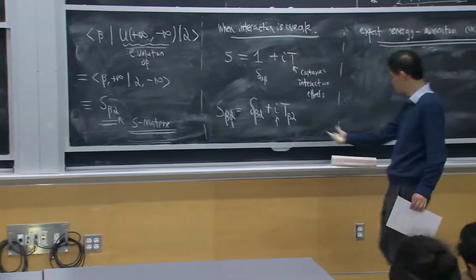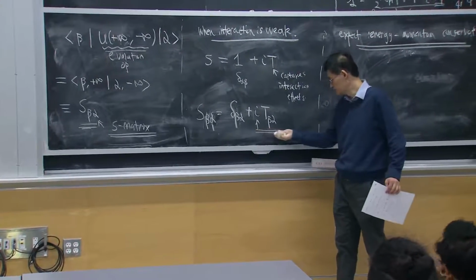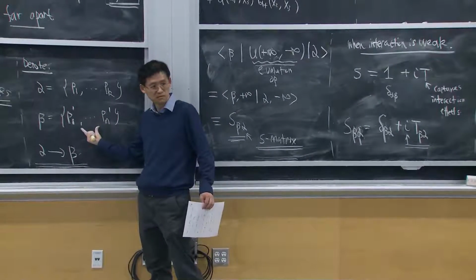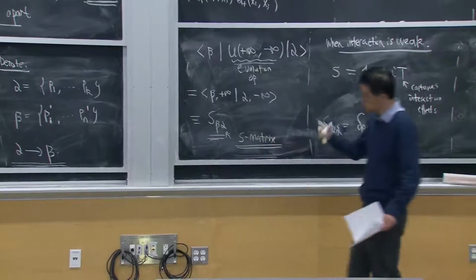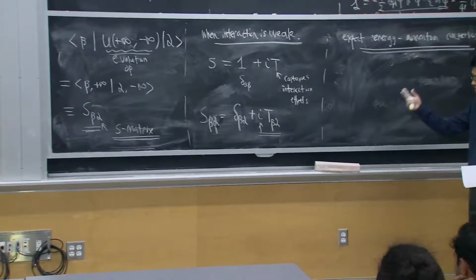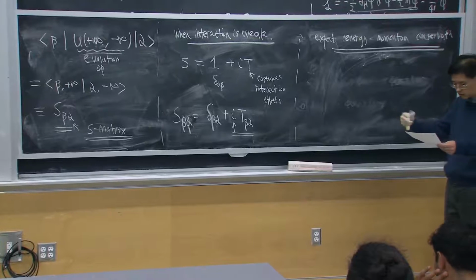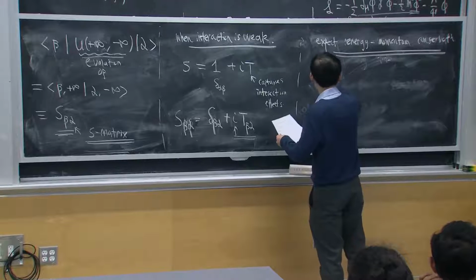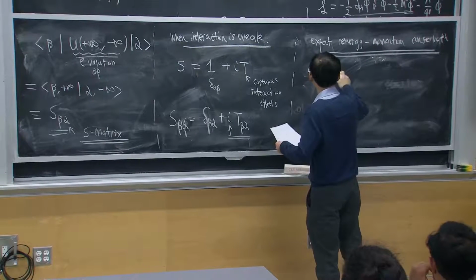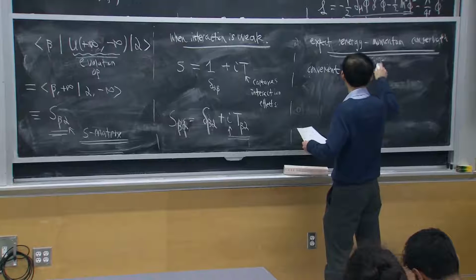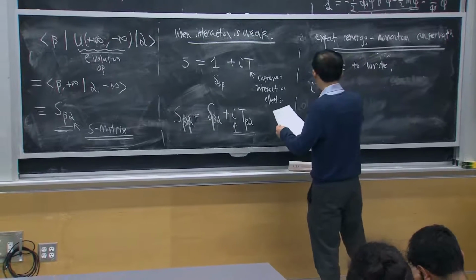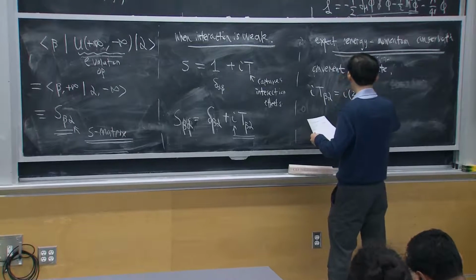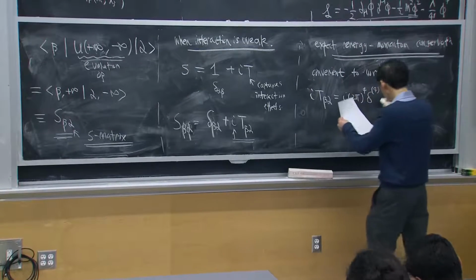So that means this thing must contain a delta function between the total initial momentum and the total final momentum. It's convenient to separate out that delta function, so we write t beta alpha equal to i, times the delta function of p alpha minus p beta, because we know this delta function must be there.